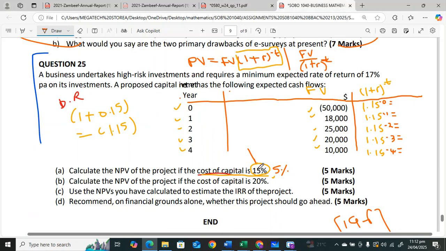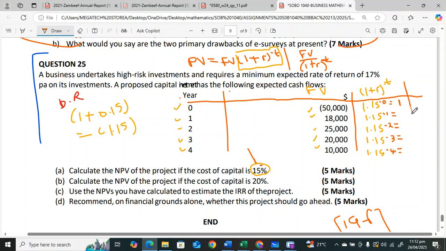This 15% in decimal is 0.15. So 1.15 to the power negative 0 is 1.